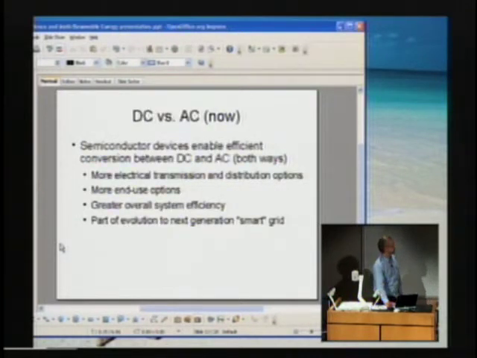Things have changed a bit with DC and AC advantages now. Semiconductor devices have enabled efficient conversion between DC and AC, both ways. This has allowed a number of things to happen: more electrical transmission and distribution options than there used to be, more end-of-use options, greater overall systems efficiency, and this is part of the evolution to the next generation of a smart grid.